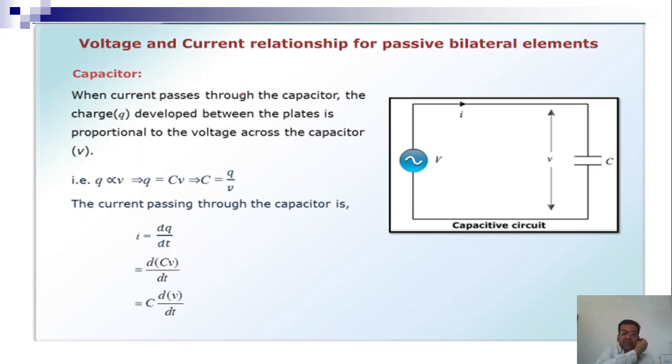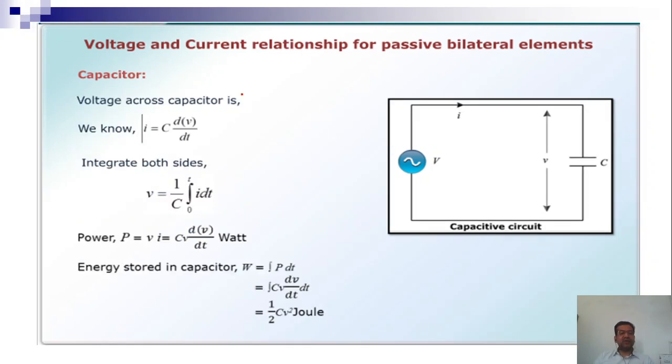Q is nothing but CV, so i is equal to C into dV by dt. Integrating both sides, v is equal to 1 by C integral of i dt from 0 to t. Power is V i, substituting C dV by dt for i. The energy stored in the capacitor in the form of electrostatic field is half C V square joules.